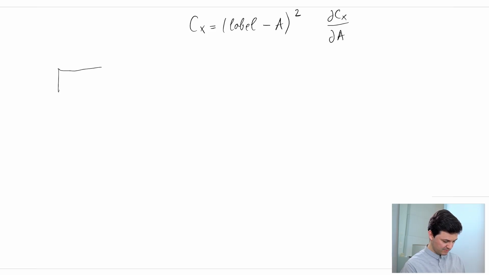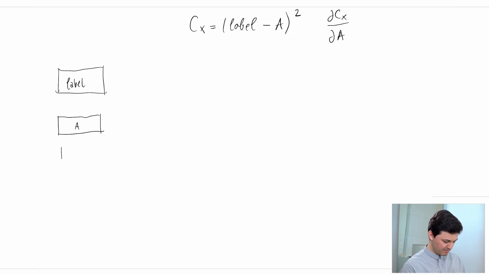Well, we have label, then we have the output A, and we want to subtract A from the label. So we want to have positive label, but the negative output. So how can we do this? Well, for example, we can multiply A by -1 to get minus A. So then -1 would be one element here.